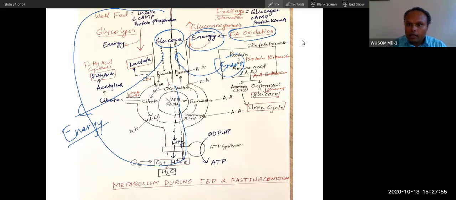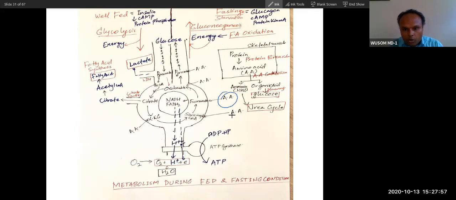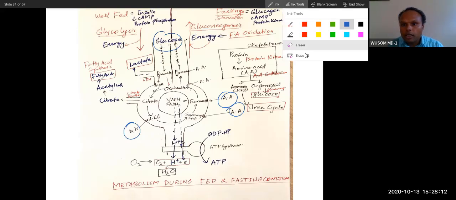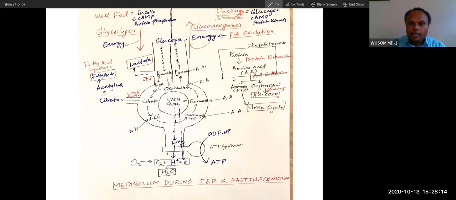So how does it happen? These amino acids will join as intermediates of the Kreb cycle after breakdown of amino acids. And these intermediates of the Kreb cycle will ultimately form glucose. Remember that only. The function of the Kreb cycle changes according to context.